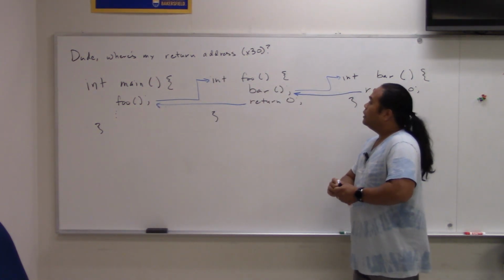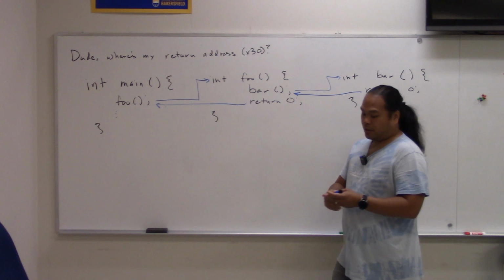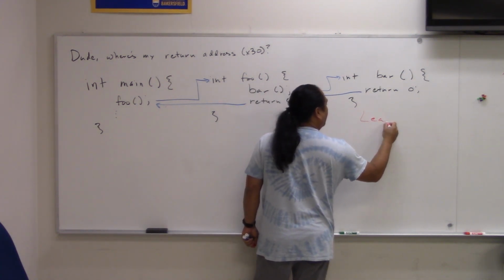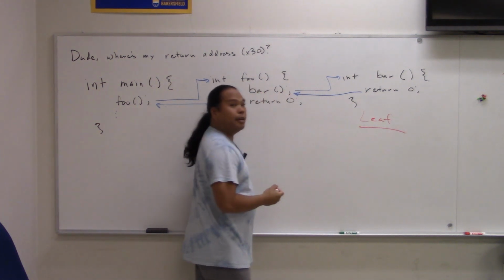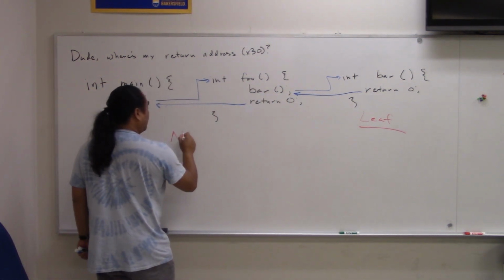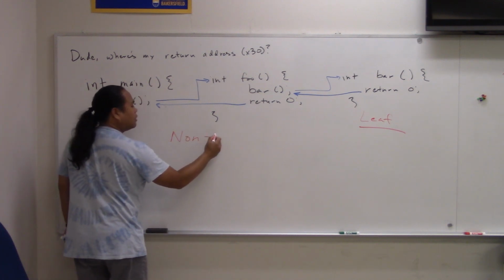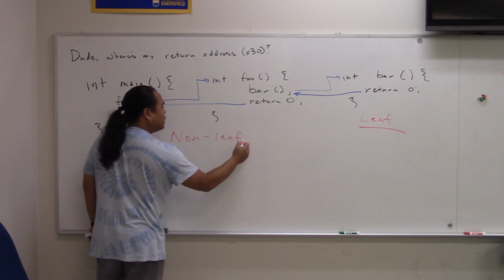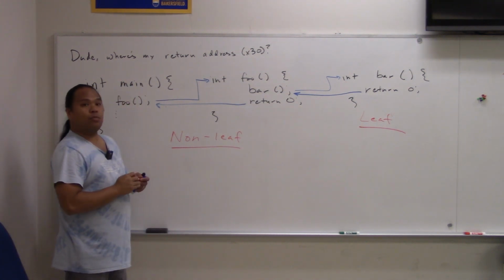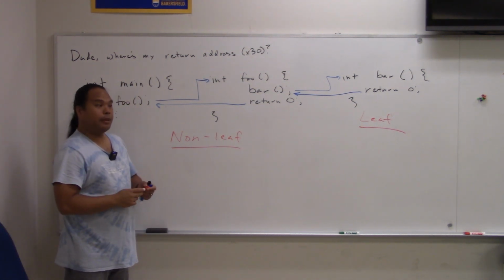In terms of what we call these things, we refer to this function call as a leaf because it calls no other functions. These two things are referred to as a non-leaf function call.